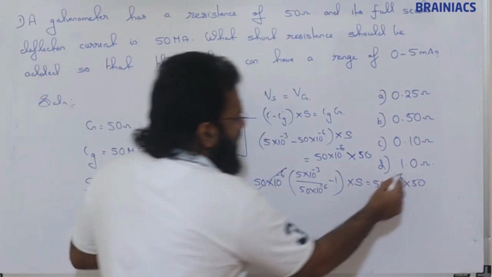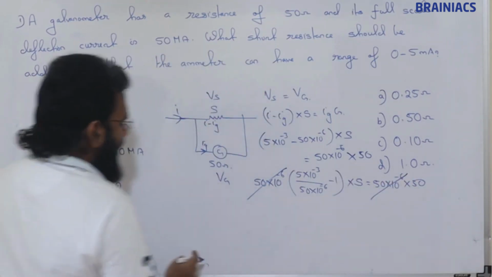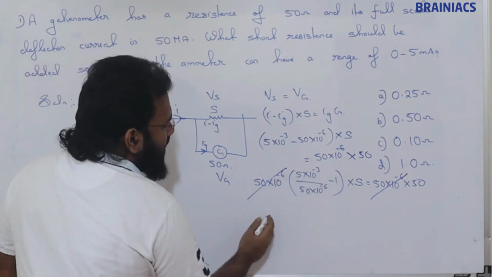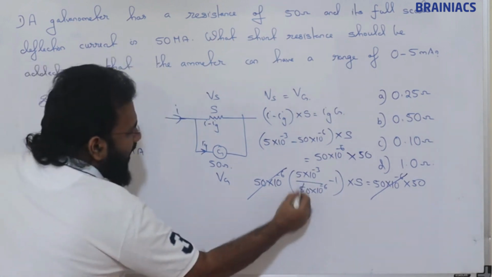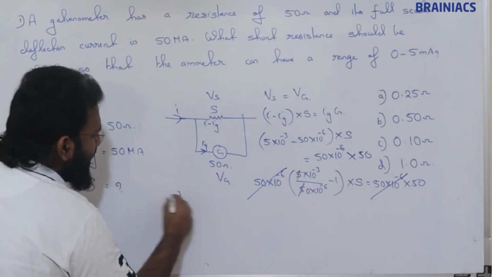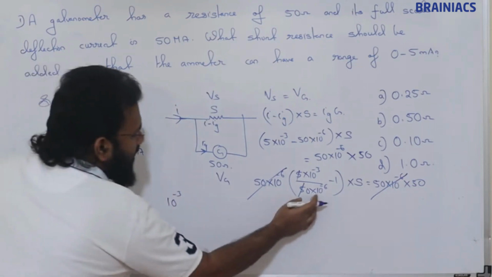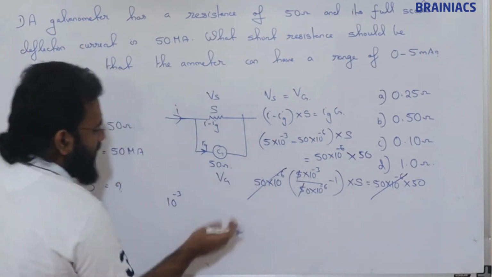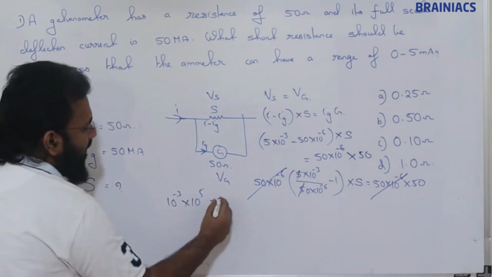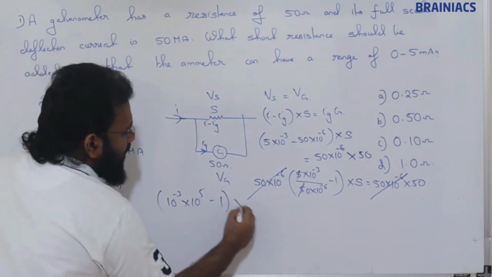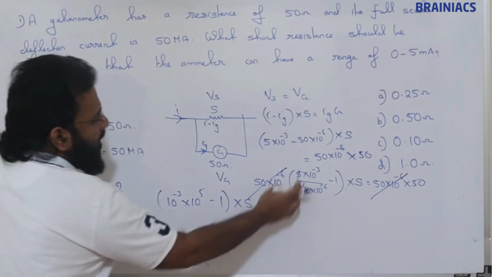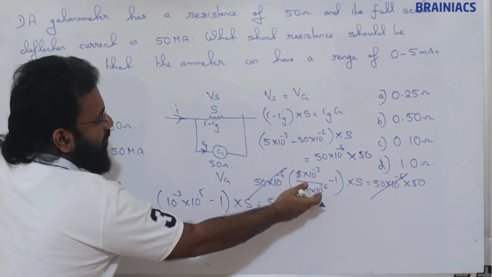So this can be cancelled out. 5 will be cancelled off. This is 10 raised to minus 3, this is 10 raised to minus 5, this will go up and become 10 raised to 5, minus 1, into S is equal to 50. Clear? Just trying to make the calculation easier.